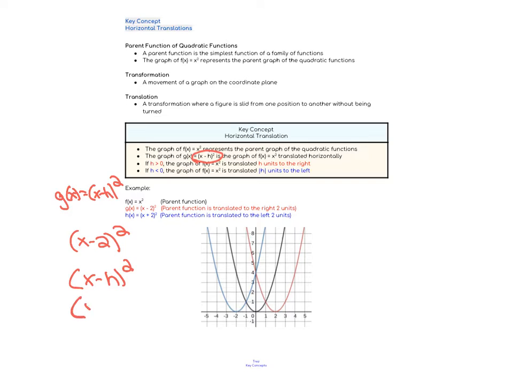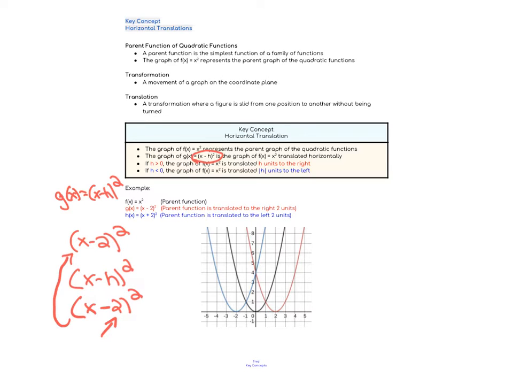So x minus, and what number do I have to put in right here? This way it looks just like that. Well, I can't put in a negative 2, so I have to put in a positive 2. So this is really x minus positive 2, which means it's going to move 2 units to the right.